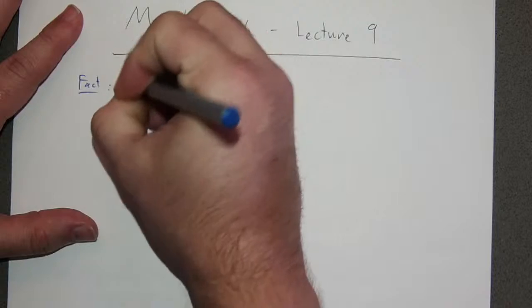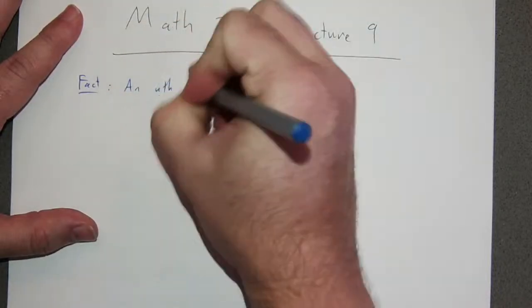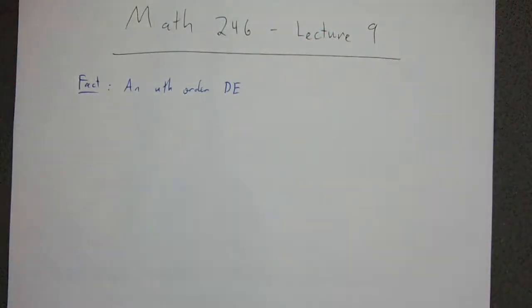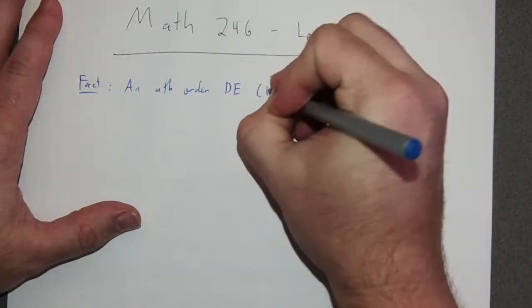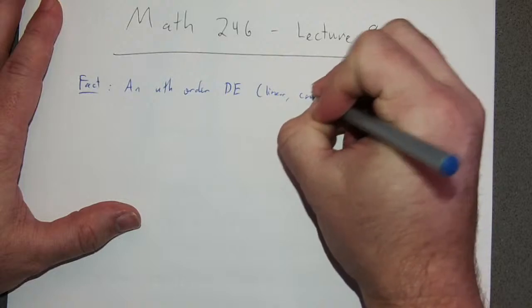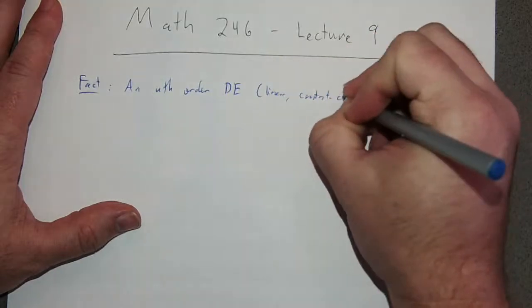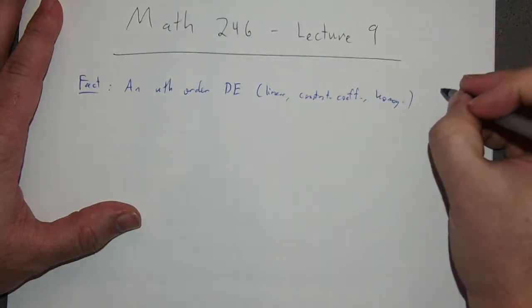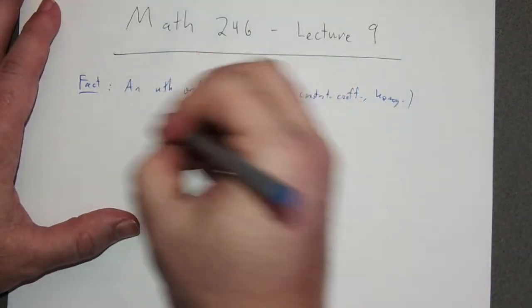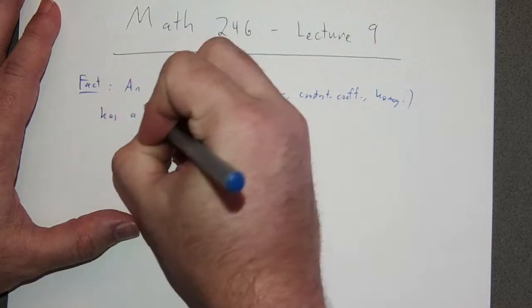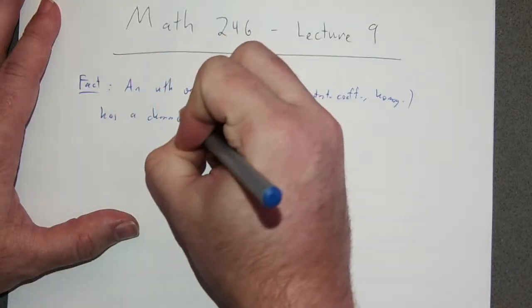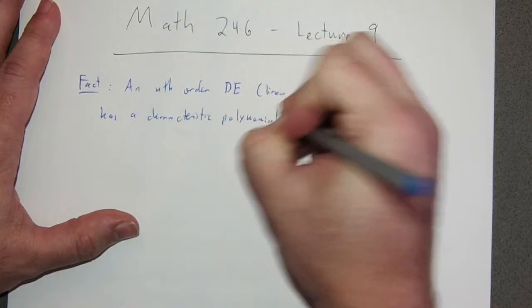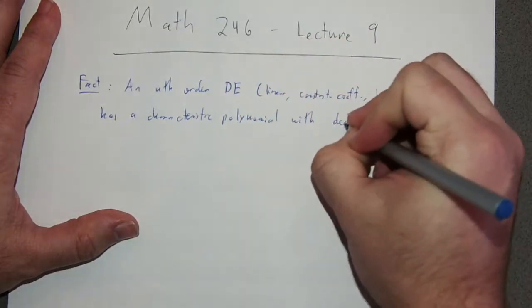An nth order linear constant coefficient homogeneous differential equation has a characteristic polynomial with degree n.